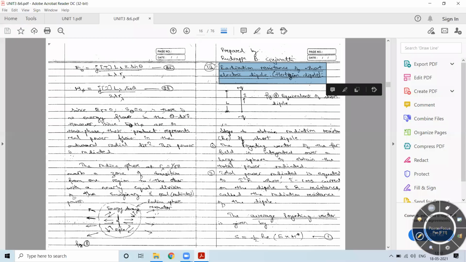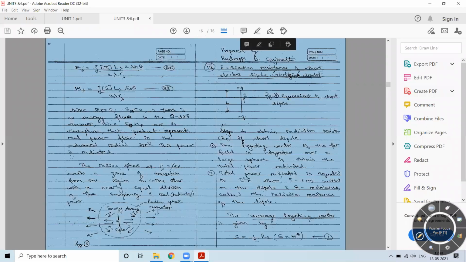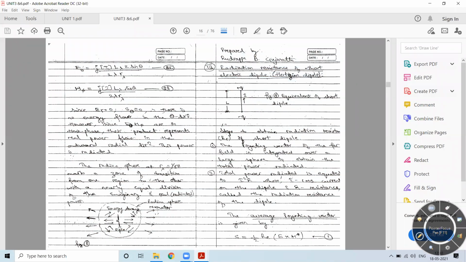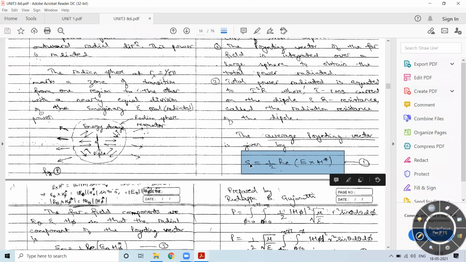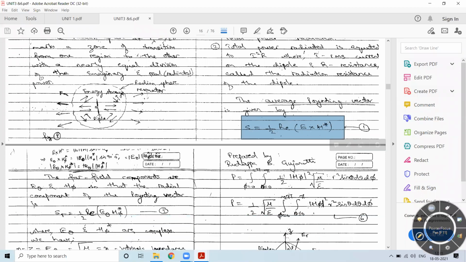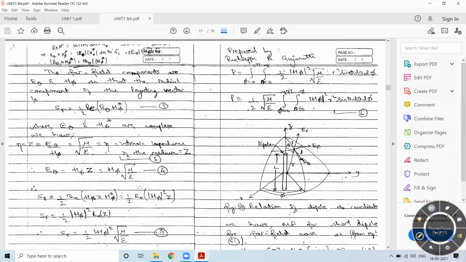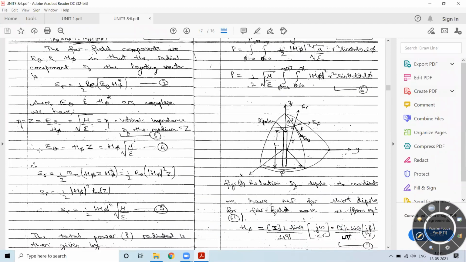So we can see the radiation resistance for the short dipole, sometimes also known as the Hertzian dipole. It is obtained with the help of these parameters, that is the Poynting vector, E and H. From this you start off and identify its equation.